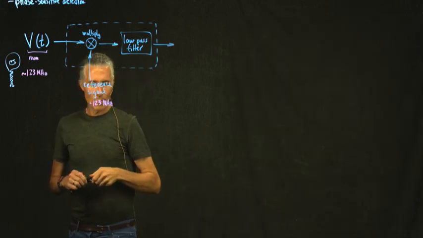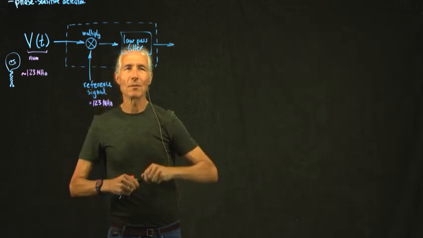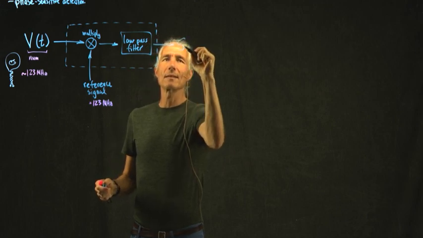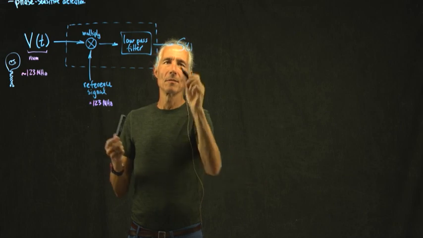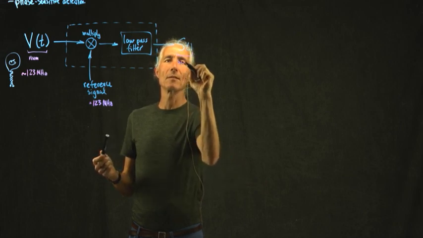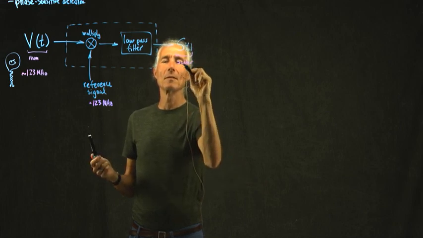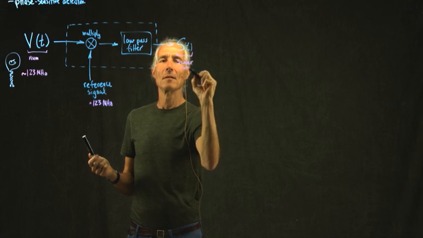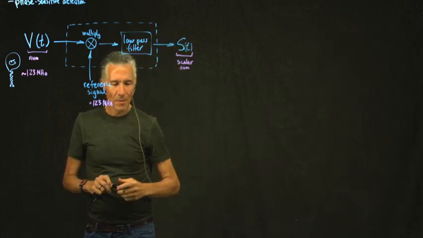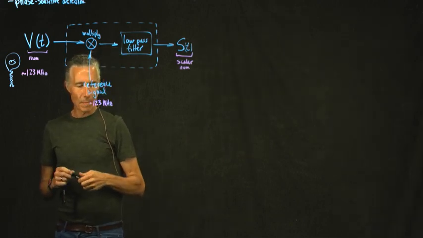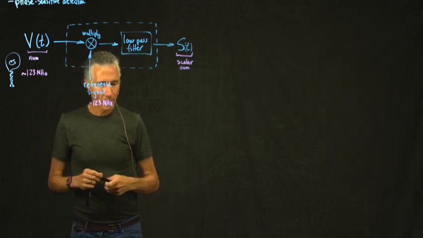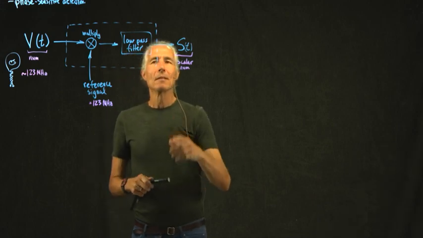So why are we filtering out the high frequencies? What we get out of that is a signal in time, and this guy's still just a number, a scalar, a single number, not complex. So we're not done yet, but this is the basic phase-sensitive detection unit. What does this do?